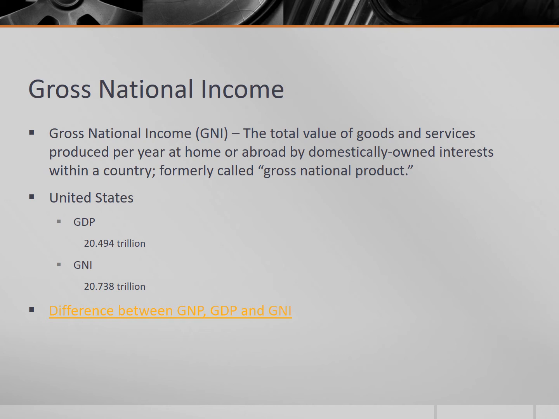Ireland has a GDP of about $382 billion, but their GNI is only about $300 billion, a difference of almost $100 billion. The reason for this is because Ireland has received a lot of foreign investment, which contributes to Ireland's GDP, but because the money from those investments flows back to the country that invested it, it does not factor into Ireland's GNI.